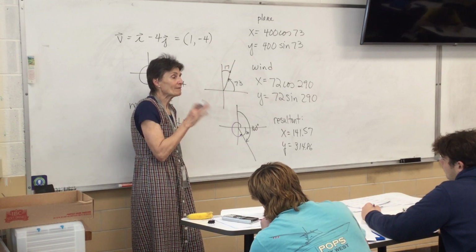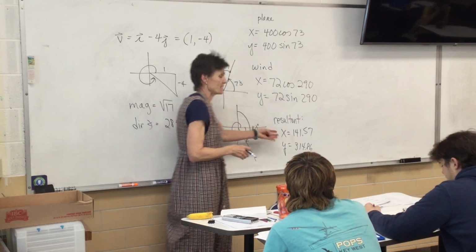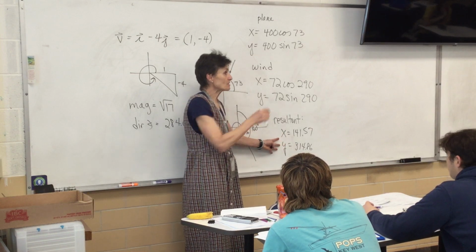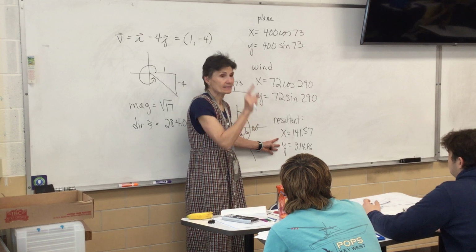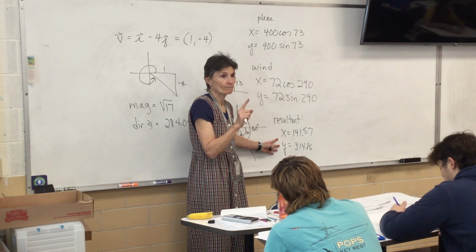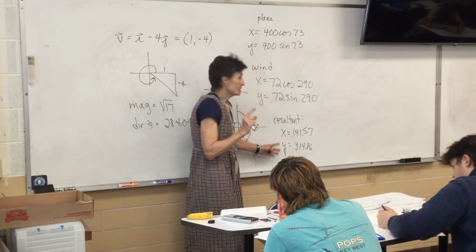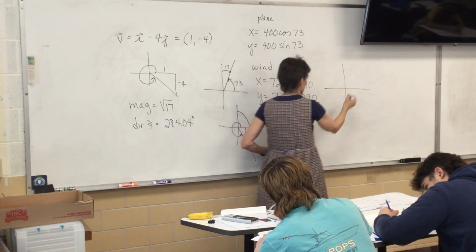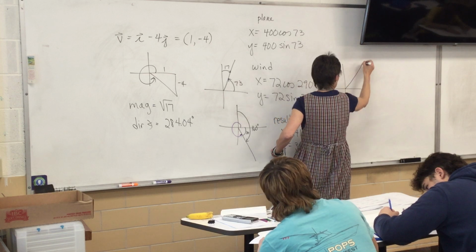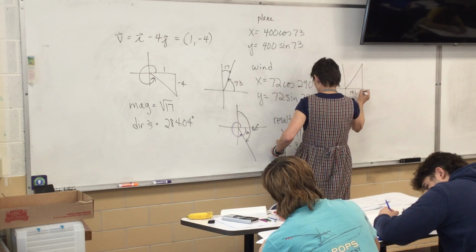Okay, now what have I just found? These are the components of the resultant vector. That is not what the question asked me for, right? So I'm going to go ahead and take a look at these components. It's over 141 and up 314. So it would look like this if I drew it.